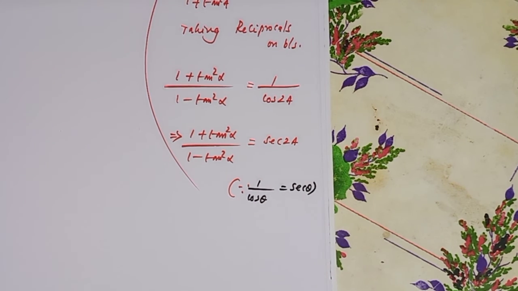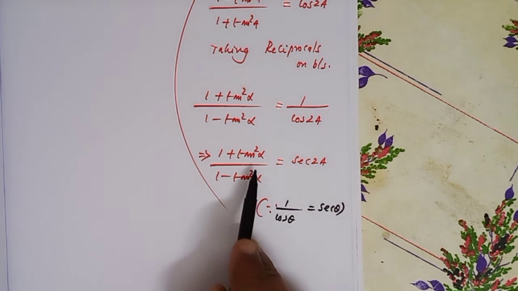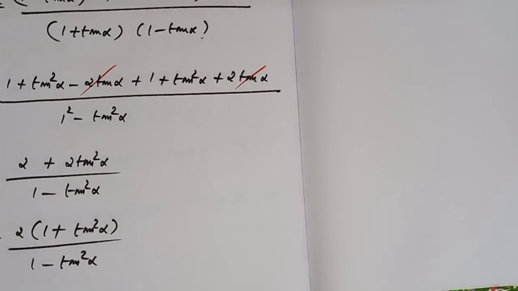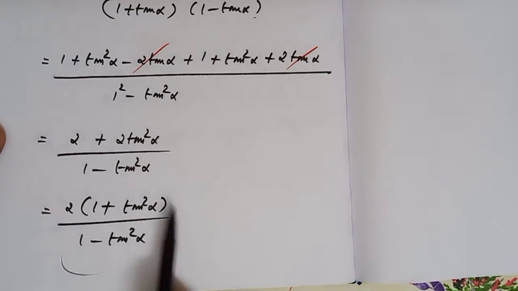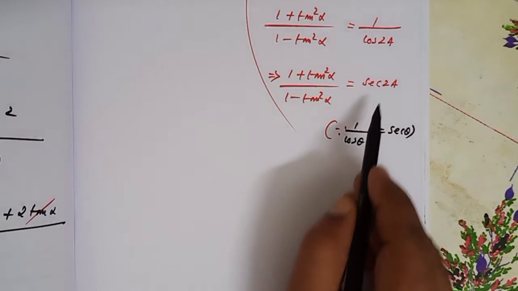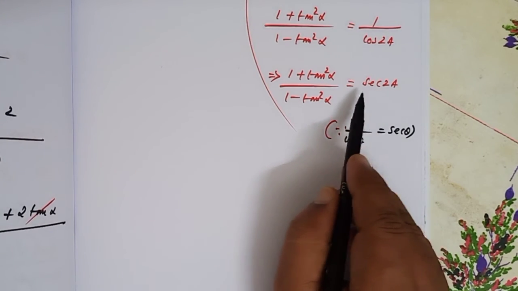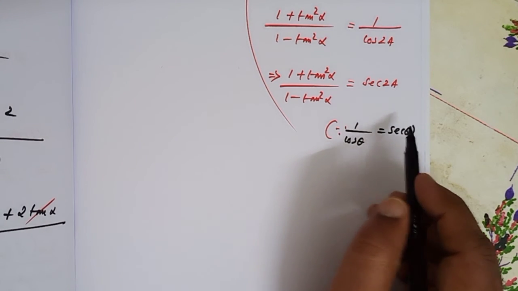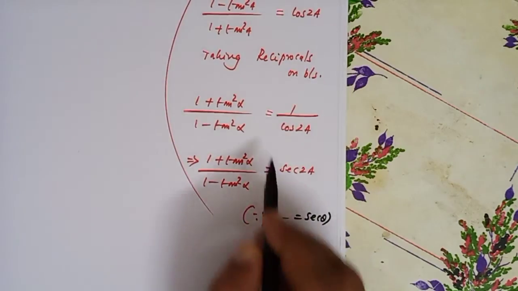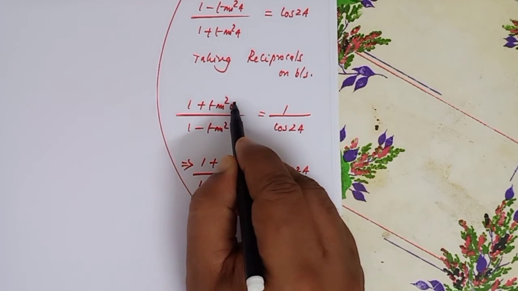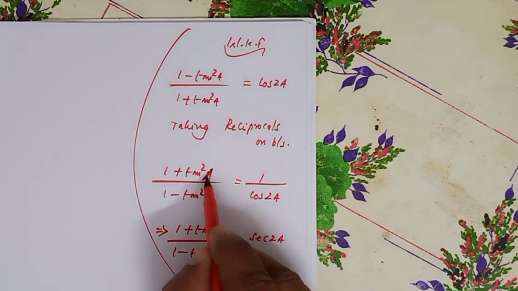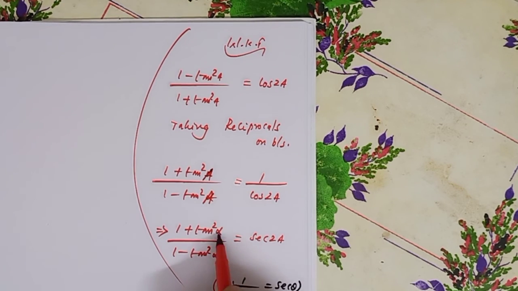So look at that: we have (1 + tan² a)/(1 − tan² a), and this can be replaced by secant 2a. Sorry, here it is not alpha, it is a.